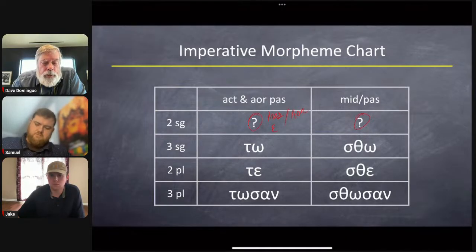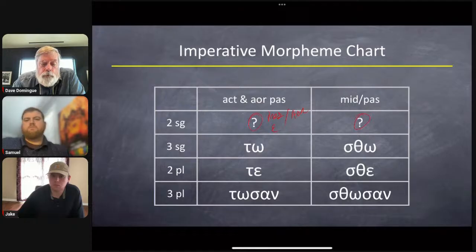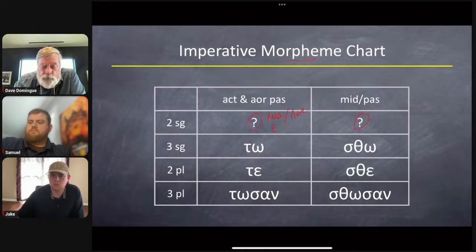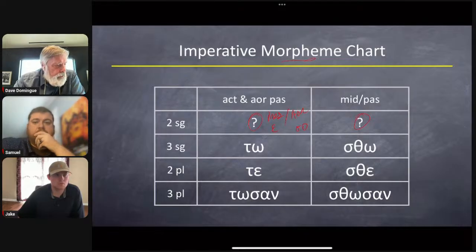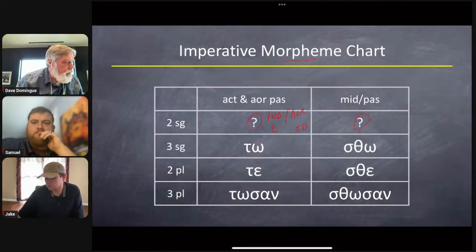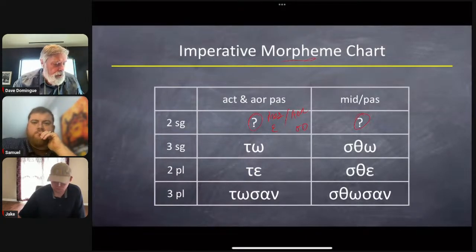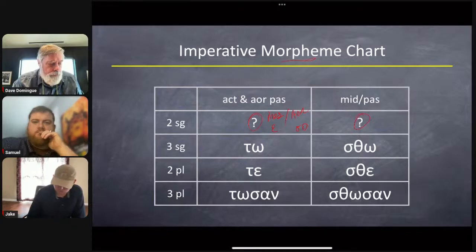Now, Mounce calls that a connecting vowel, but other grammars refer to it as the morpheme, and I do believe morpheme is more accurate. But in the aorist, you find the sigma omicron. Is that right, sigma omicron? Yeah, I think that's right. And actually, he has it; this chart is on page 381 at the bottom.